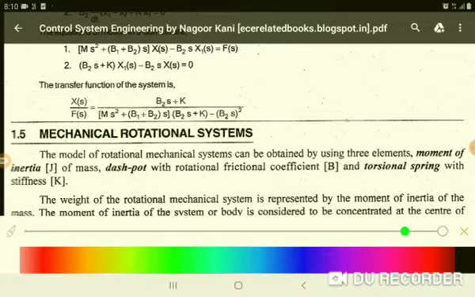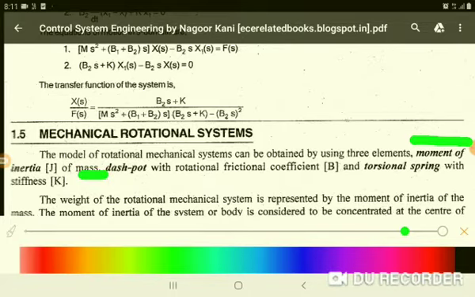Similarly, dx by dt in the translational system, here d theta by dt. Similarly, d square x by dt square is acceleration in the translational system, and in the rotational system, d square theta by dt square. Mass is represented in a translational system, but in a rotational system, it is given with the moment of inertia J of a mass.